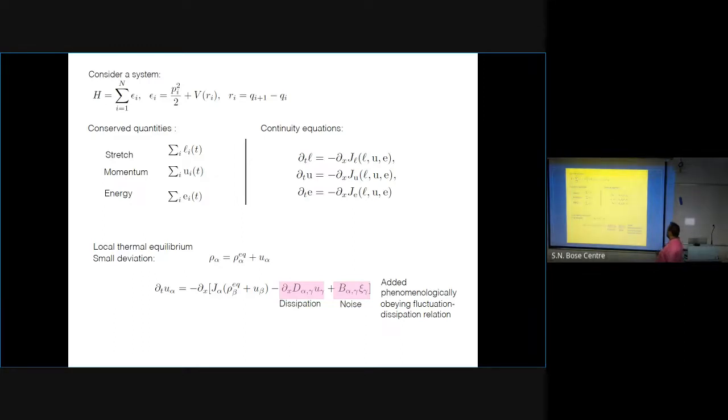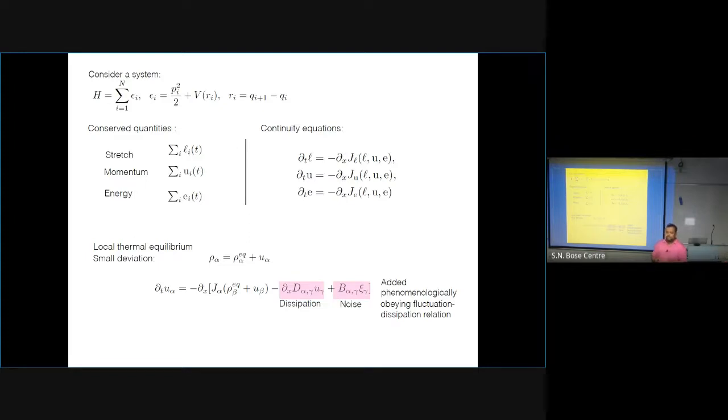So what you do is basically this prescription. In local thermal equilibrium, you replace this current by the average current in the leading order, averaged in the local equilibrium state.